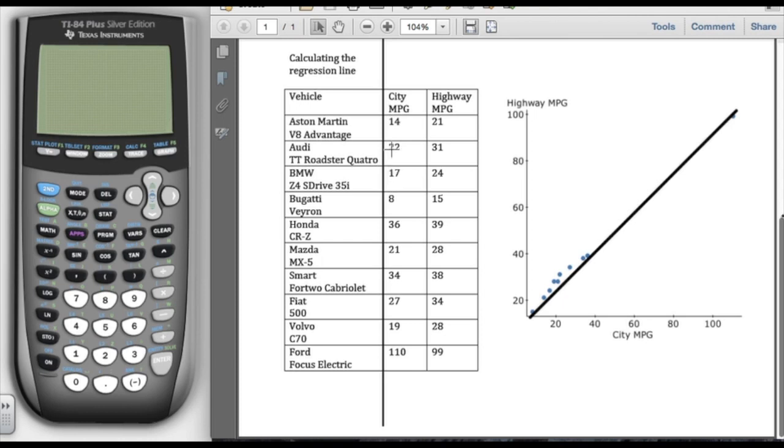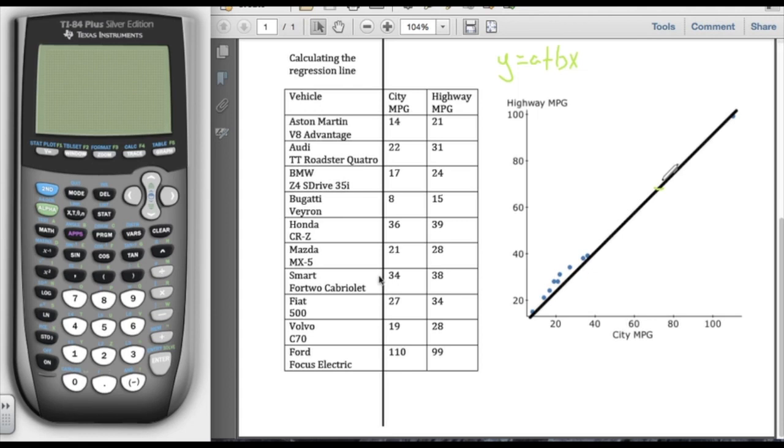If I want to find the regression line, which has the form y equals a plus bx, I'm going to go to my calculator. On my calculator, to get my data in, I hit the Stat button, hit Edit, and I'll enter the city miles per gallon into L1 and the highway miles per gallon into L2.